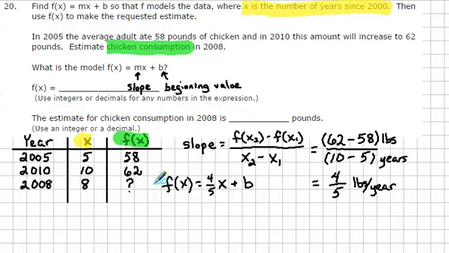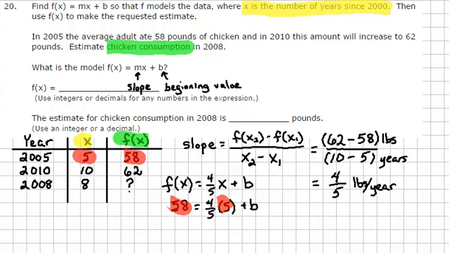So if we use our first ordered pair, we would have 58 is equal to 4/5 multiplied by 5 plus b. Notice that all we're doing here is just substituting in our first ordered pair, (5, 58). We substituted 58 for f of x and 5 for x.